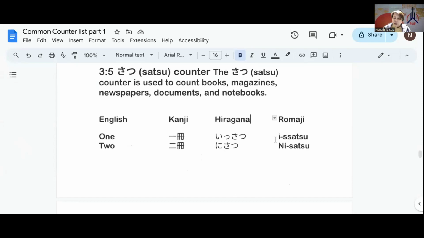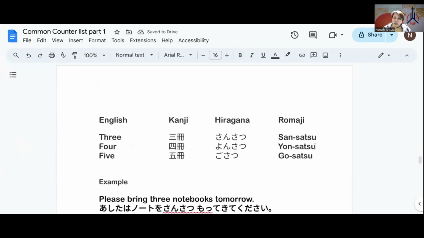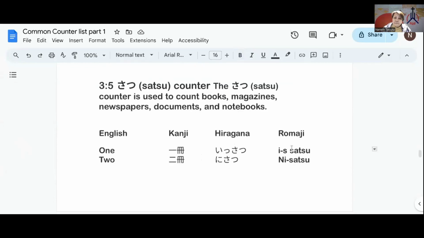Not ichisatsu, but issatsu. Then nisatsu, sansatsu, yonsatsu, gosatsu. So just remember this: for paper, it is mai. For books and newspapers, it's satsu.